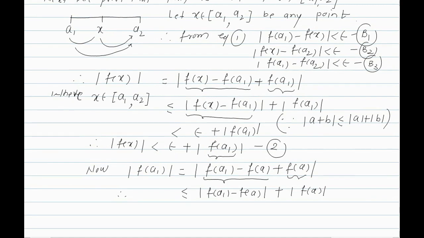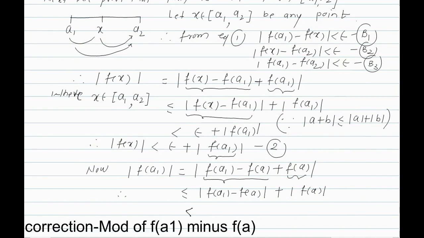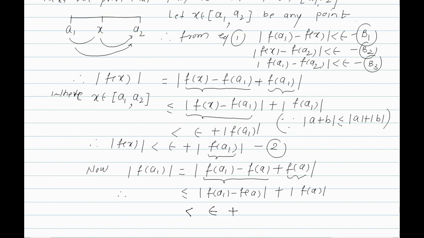So from equation A3, mod of f of a1 is less than epsilon plus the second term, mod f of a, as it is.